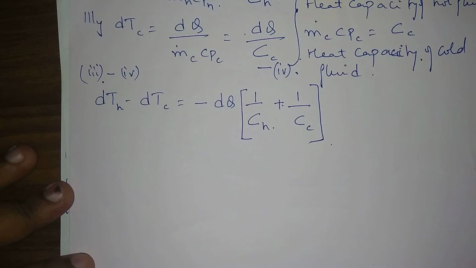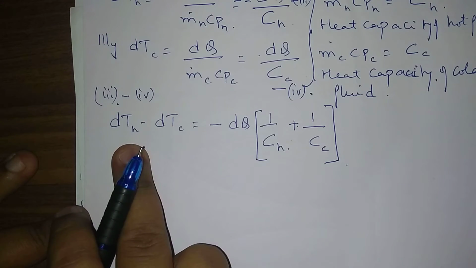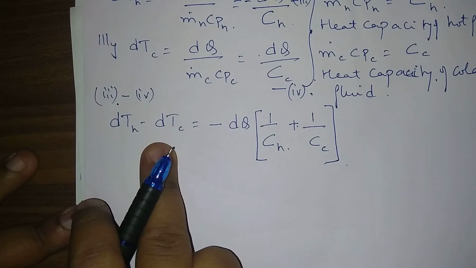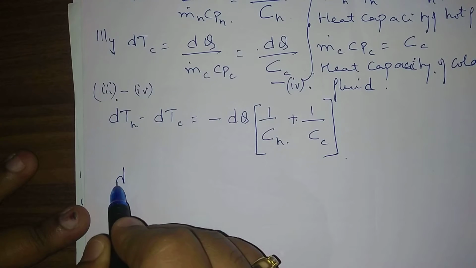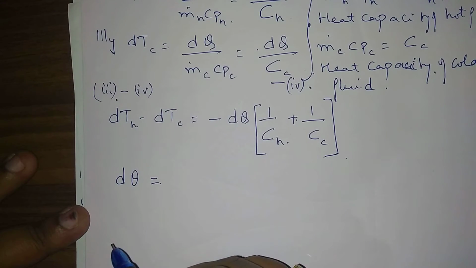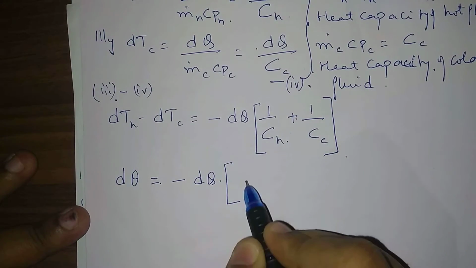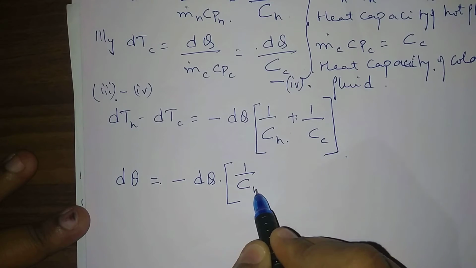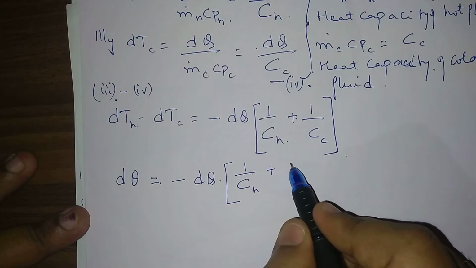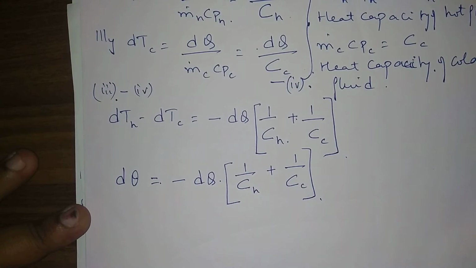We shall now call this dTh minus dTc as d theta, which we get as minus dq into 1 by Ch plus 1 by Cc.